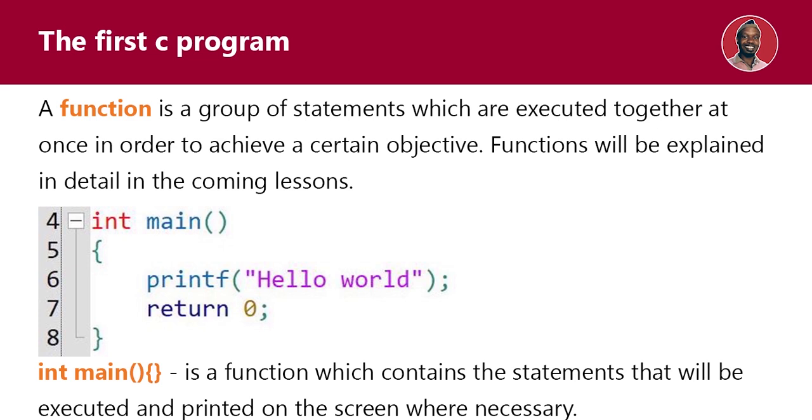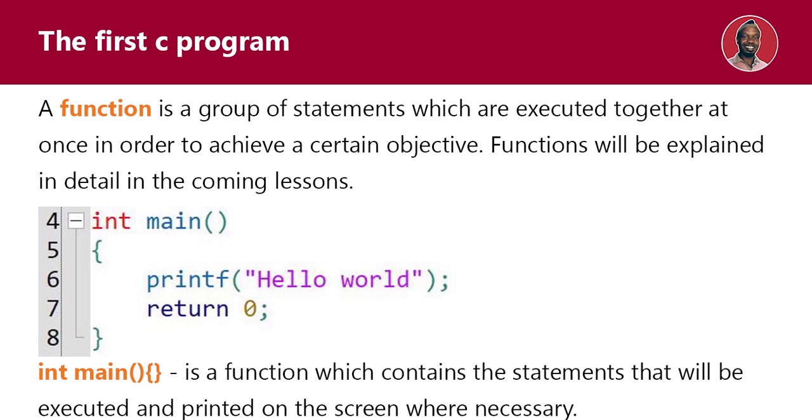Inside those curly brackets, we write these two statements: printf, open and close the parentheses, and inside those parentheses we have double quotes, and inside the double quotes we write the word hello world, and at the end of the whole statement, we terminate it with a semicolon.